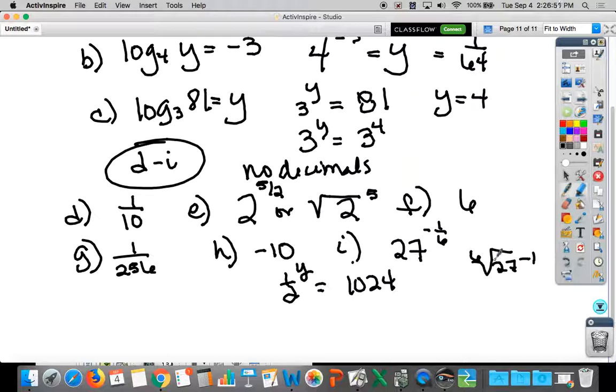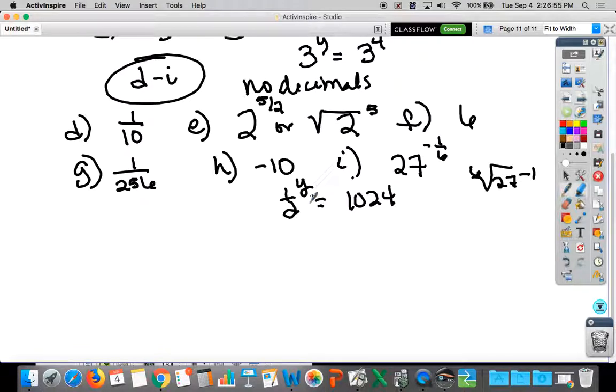So what you can do anytime you want to solve, and this is not something that's obvious, what you can always do is add ln to both sides. Whatever you do to one side, you can do to the other.